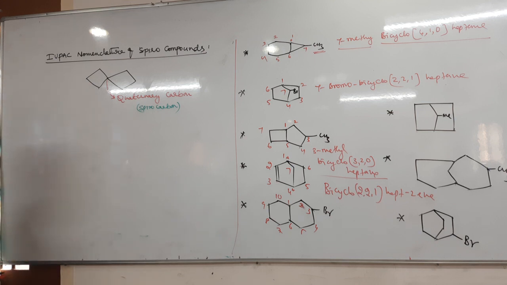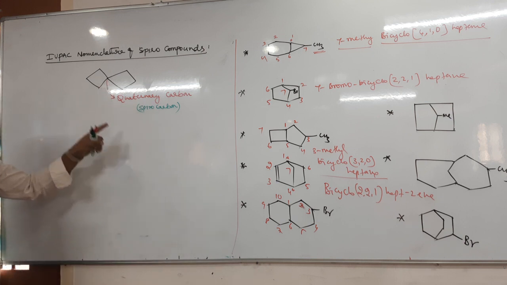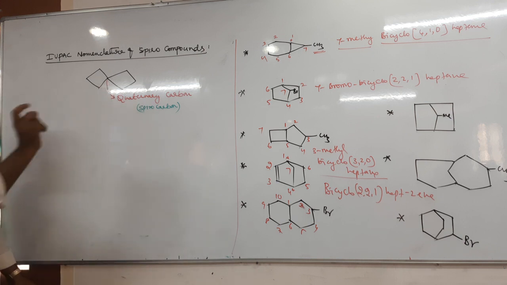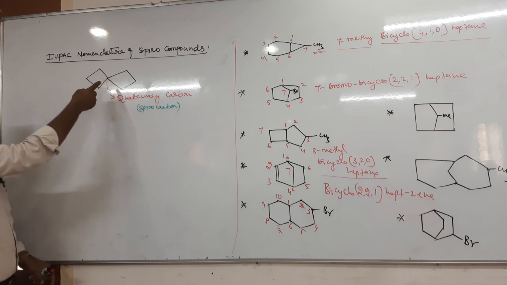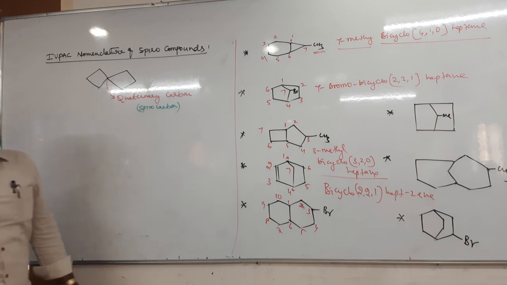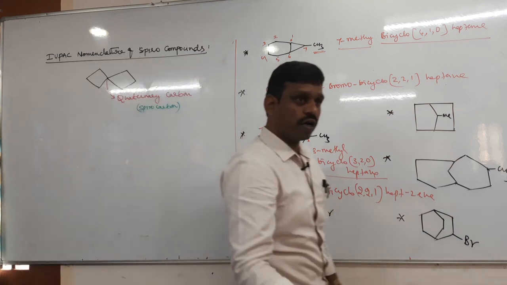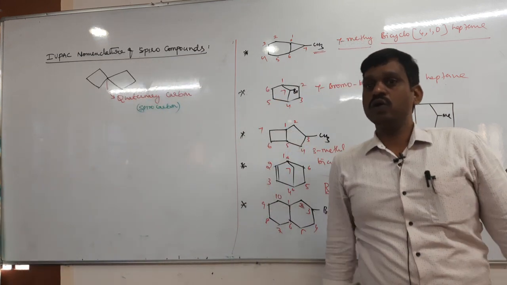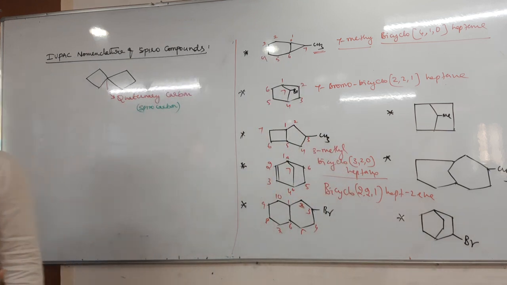Then what is the difference between spiro compounds and bicyclic compounds? In the case of spiro compounds, two cyclic rings are joined together by one common carbon, which is called what? Quaternary carbon, right? That means if two cyclic rings are joined together by a quaternary carbon called spirocarbon, the compounds are called spiro compounds. Okay, then what is the IUPAC nomenclature of spiro compounds?